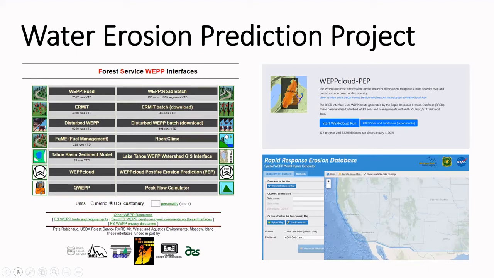The Rapid Response Erosion Database that you see in the lower right was developed by Michigan Tech, with Mary Ellen Miller running that, the Rocky Mountain Research Station, and also NASA. It is designed specifically to support burned area emergency recovery rehab after a fire, so you can get the burn severity soil maps, and that data would be available on that erosion database, already ready to run in the Watershed Erosion Prediction Project.